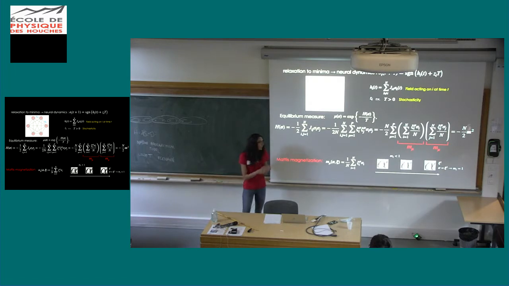We can rearrange this Hamiltonian with some algebra and write it in terms of the magnetization, which is one of the order parameters. This is essentially the overlap between the pattern and the neural configuration.